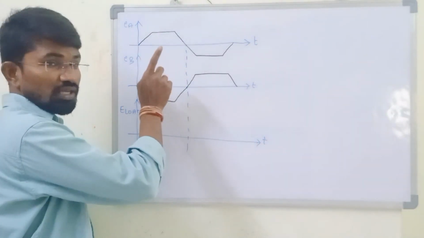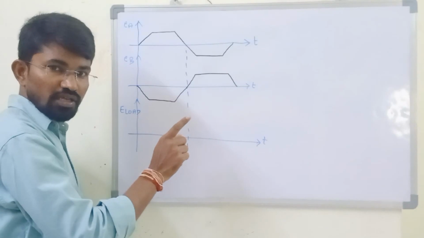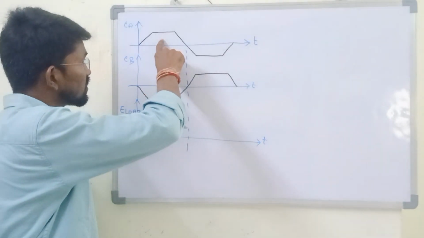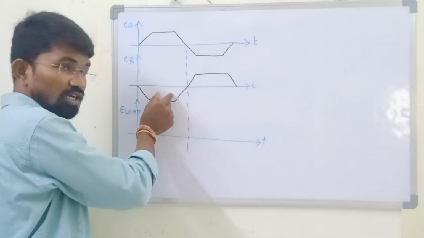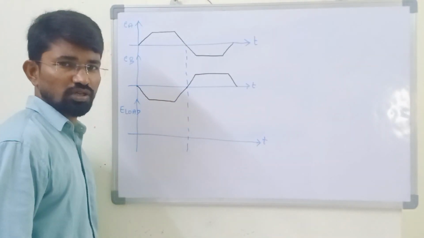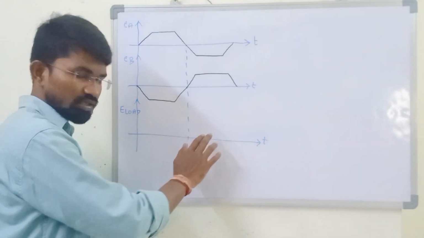Now try to understand that conductor A and conductor B are alternating in nature, but in our observation, the output voltage is AC voltage or DC voltage? Yes, the output voltage is a DC voltage. Yes or no?